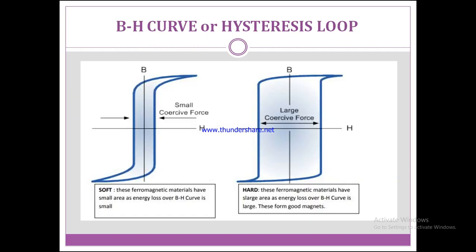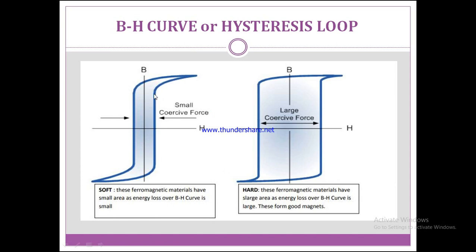Over here, from that diagram, we have to define soft magnetic material or hard magnetic material. The BH curve gives us the information of magnetization, and is also called the hysteresis curve.